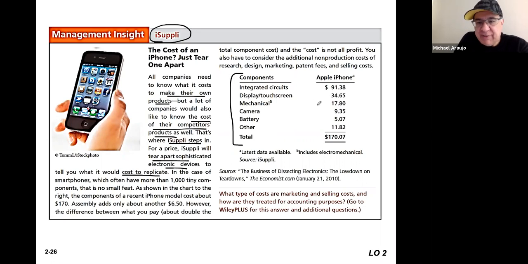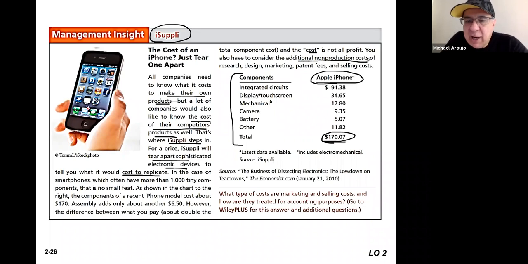These are very specific to the iPhone itself. Whenever this was done, it was $170 to actually physically make the components. But that's not all of the cost. You have to consider there are, of course, non-manufacturing costs, like research, design, marketing, selling costs, et cetera, that are going to be part of this.